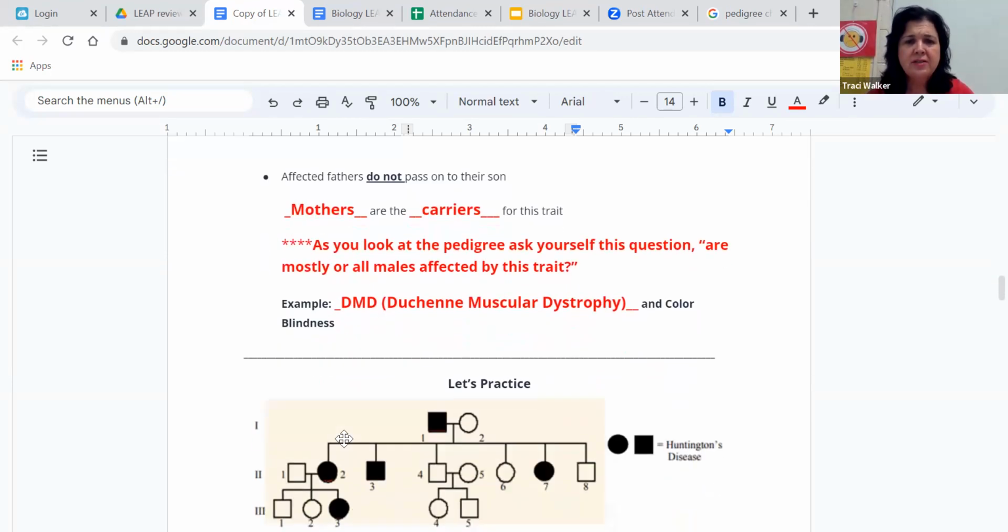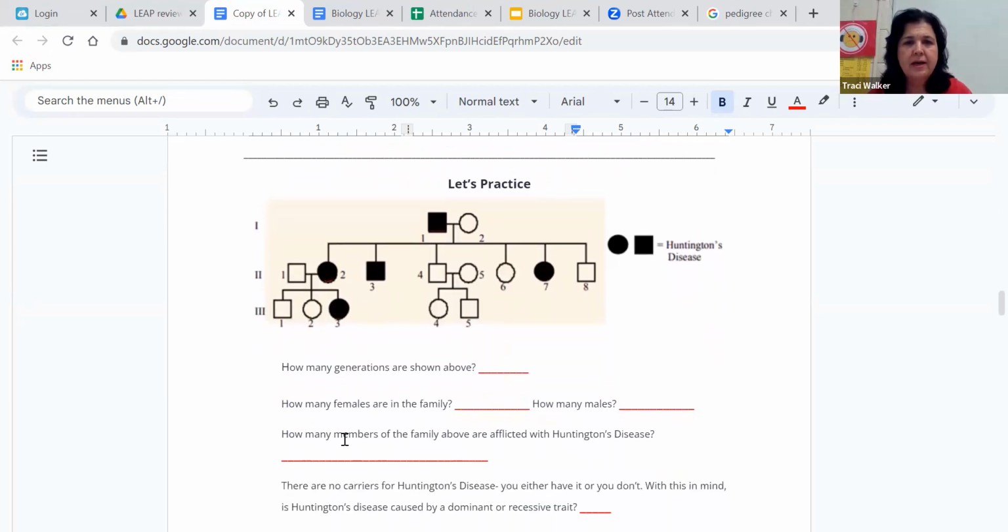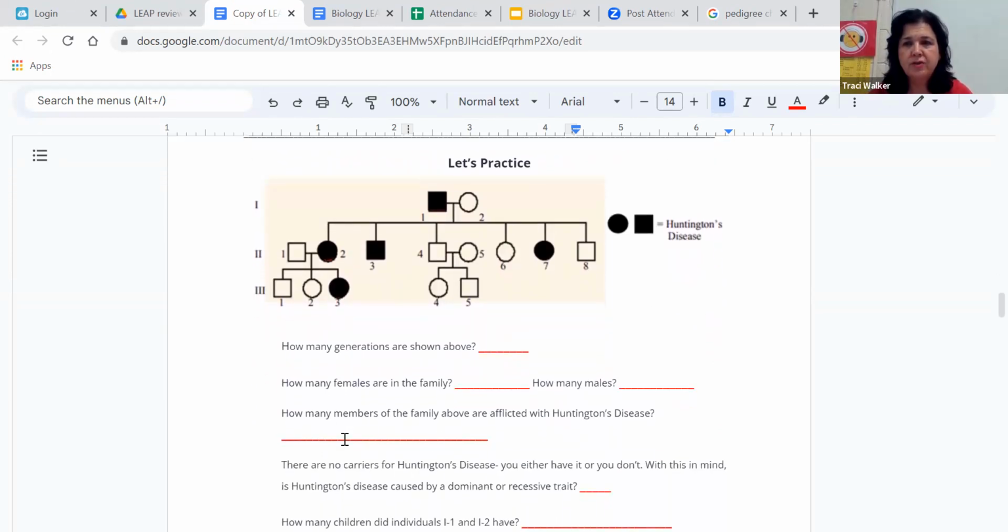Okay, so let's do a little practice. Let's answer just a few basic questions about this pedigree. So how many generations are shown in this pedigree? Remember I told you the Roman numerals over here on the side tell you how many generations. And so we see we've got 1, 2, 3 generations. Okay, and then how many females? Remember, females are the circles.